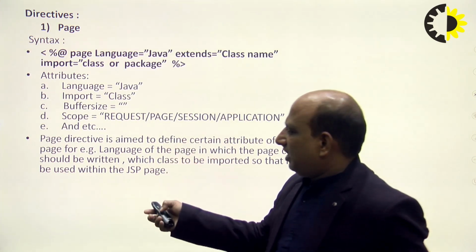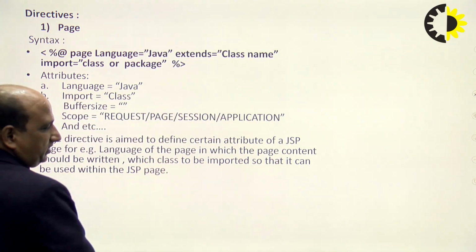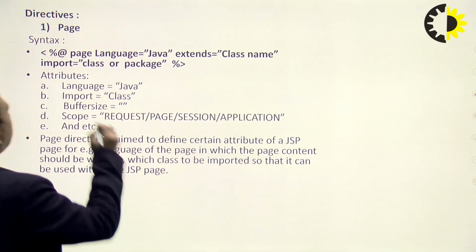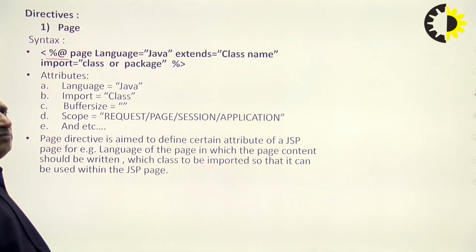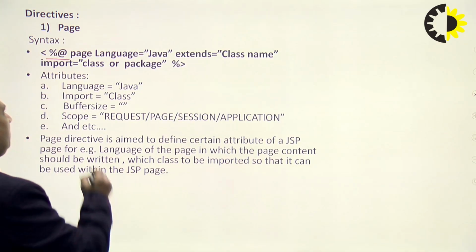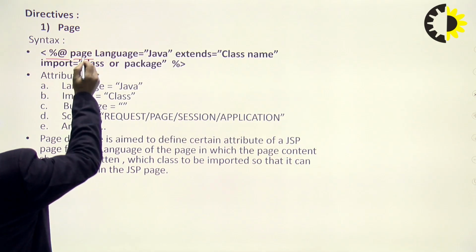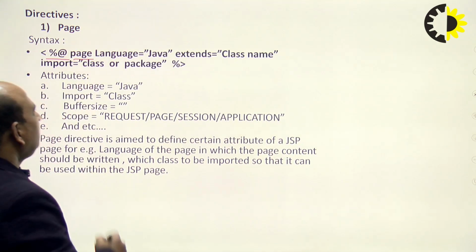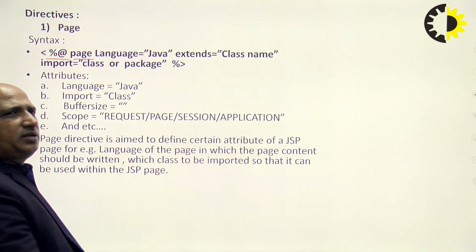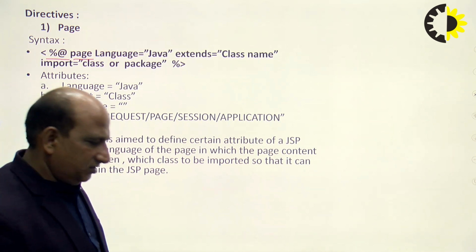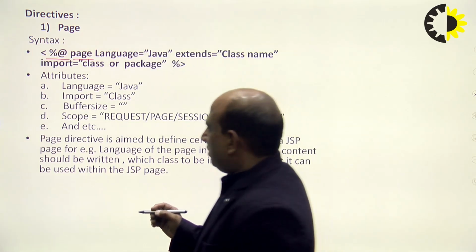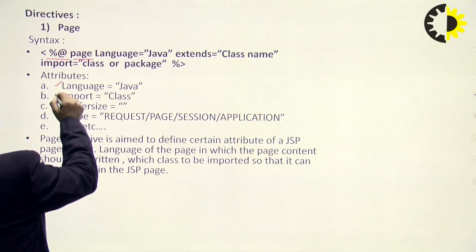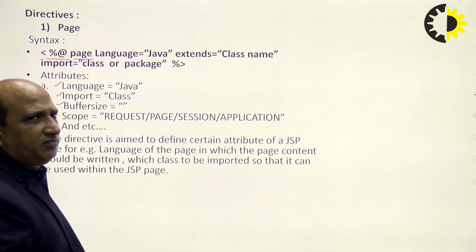I have told you that the page directive tag starts with angular bracket percentage at the rate, and if it is a page directive you have to write page, and after that you can use as many attributes as you require. I have told you language, import, and buffer, which we have already discussed.